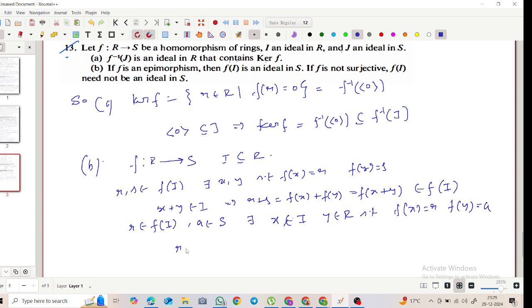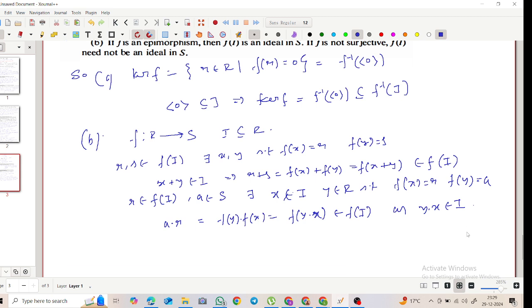So a r is basically f(y) times f(x), which is f(yx), which belongs to f(I), as yx belongs to I. Okay, so this is an ideal.